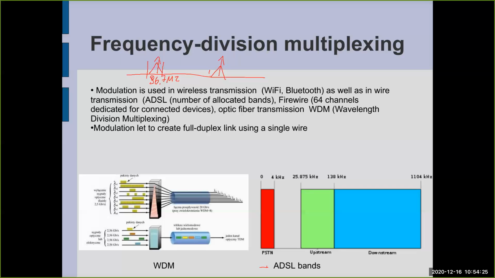The farther part of the frequency was unused. And in ADSL technology, this farther band of frequency was used to send data. So it was divided into channels, and in every channel, an independent data stream was modulated and sent.